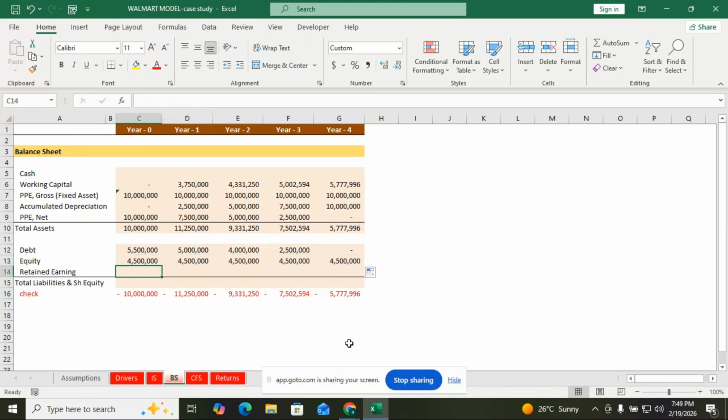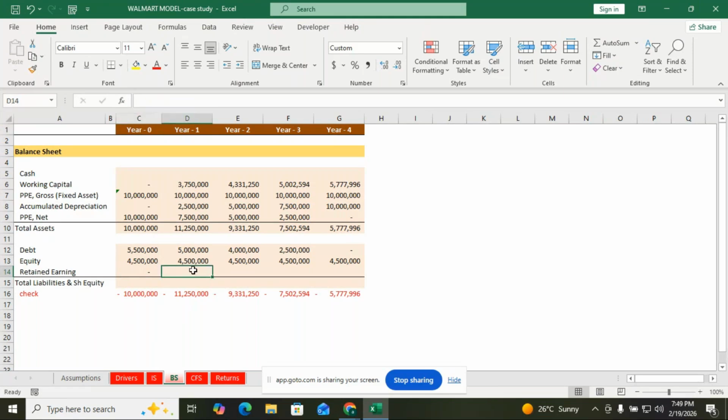And next, your retained earnings. It is a summing up of all your gains. For year 0, it is nil, equals 0. For year 1 onwards, please observe, and time is given as usual to finish off your liability side. Retained earnings for year 0 is nil, equals 0.